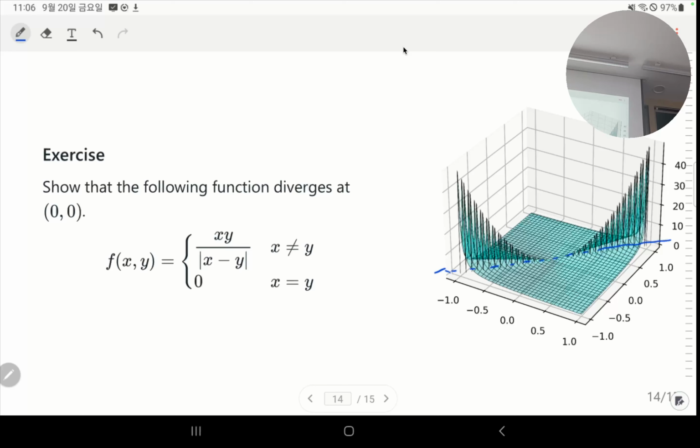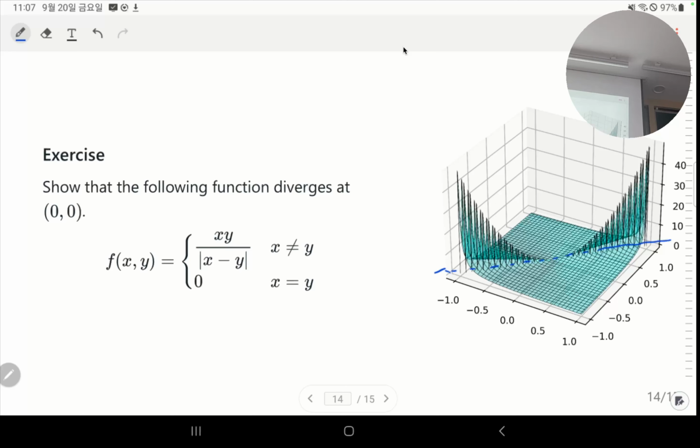So let's think about how we can prove this divergence. It's not convergent. Yes, it's divergent. How can we prove the divergence? The same thing applies here. You need to know in which two or more paths the function value converges to different numbers.